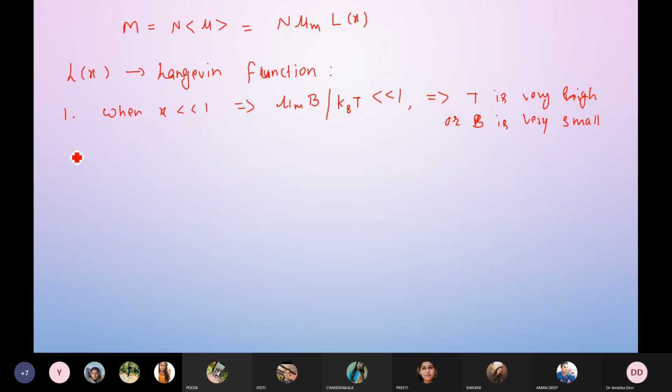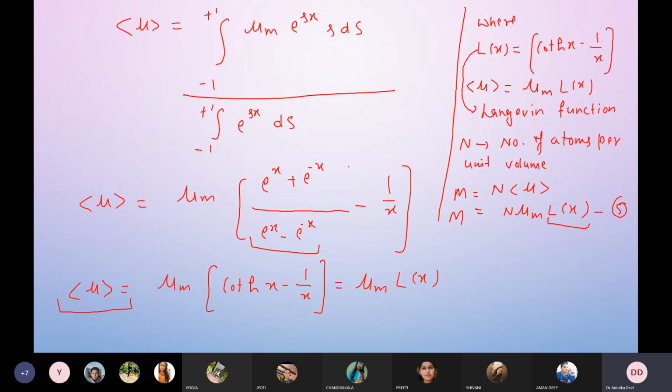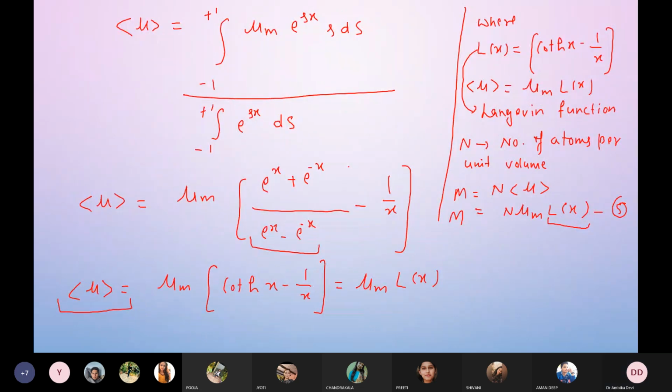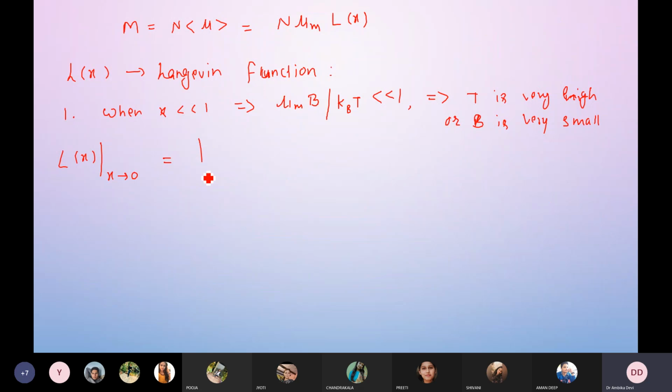So therefore, let us evaluate L(x) for x very small, or x approaching 0. What is the value of L(x)? L(x) is equal to coth x minus 1 upon x, with x approaching 0.